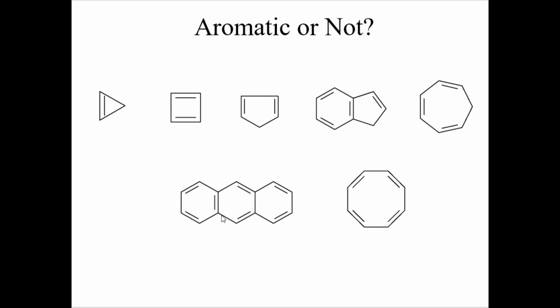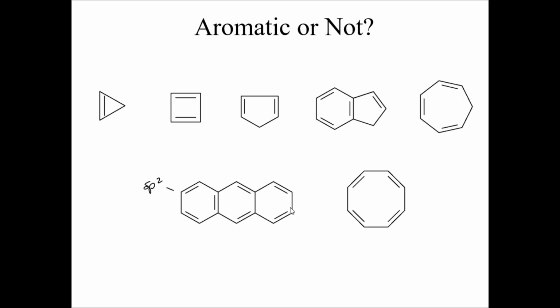And what I would say is let's start with this one, because this one looks like the anthracene that I saw earlier. It is anthracene from earlier. So first, are all of the carbon atoms in the rings sp2 hybridized? Yes. Because remember, a carbon-carbon double bond has to be sp2 hybridized. So check on criteria number 1.